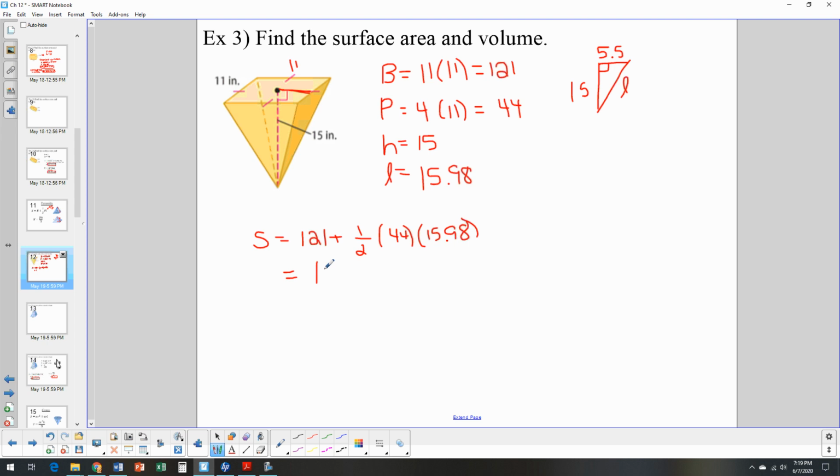So I'm going to do the 1/2 times 44 times 15.98, and I get 351.56. And if I add to that the 121, we get a surface area of 472.56, and that's inches squared.